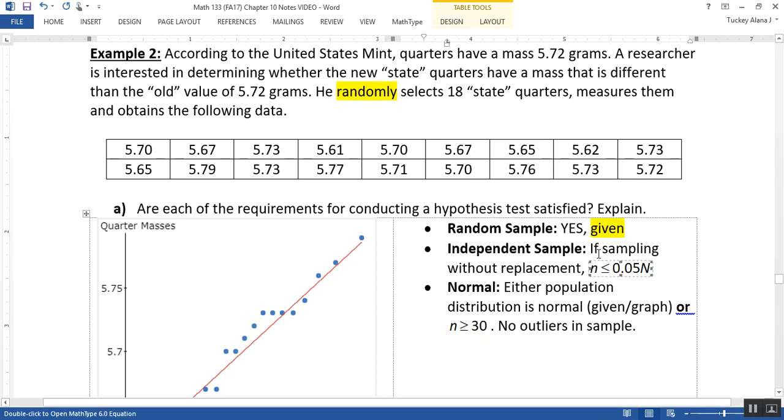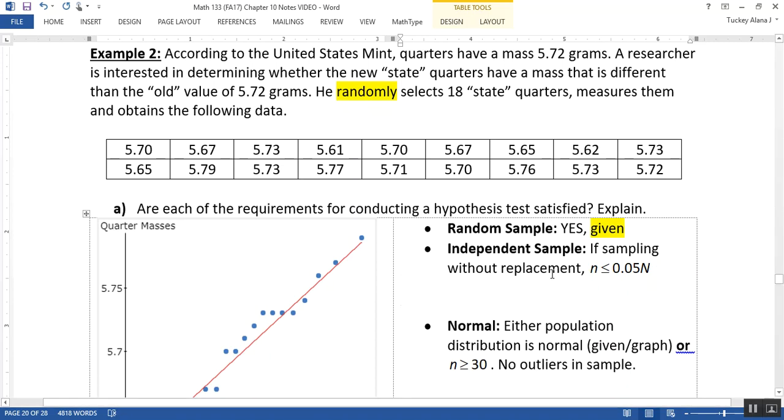All right, now an independent sample. So this is really interesting. If we're sampling without replacement, that is a problem for us, right? I get students sometimes, they'll say, yes, sampling without replacement. No, that's not an answer, right? If you're sampling without replacement, then you've got to watch out. If you're sampling with replacement, like dice and coins and stuff, then you don't have to worry at all.